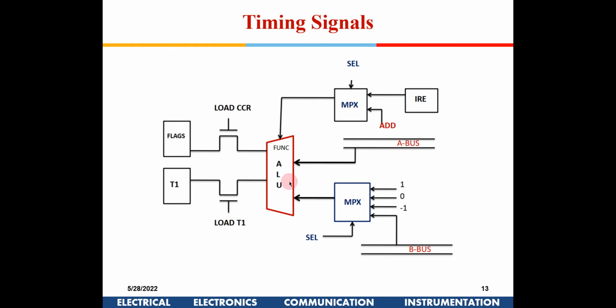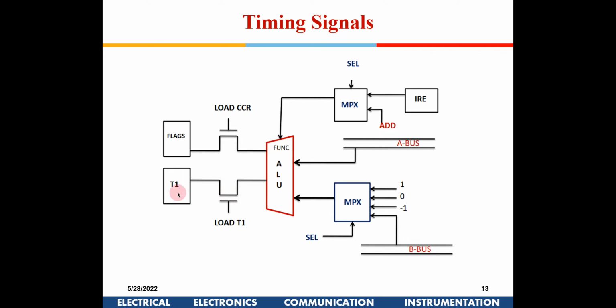Similarly, not everything the ALU does is stored into T1. You have to select which outputs need to be loaded to T1. Not all additions, subtractions and other operations of the ALU will be routed to T1.